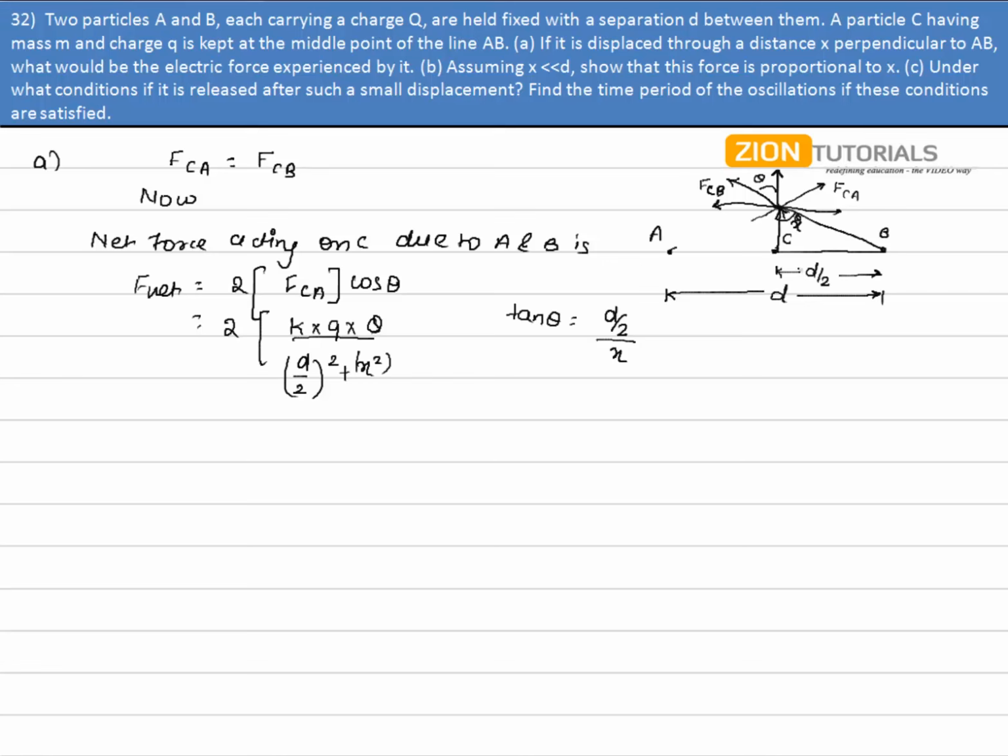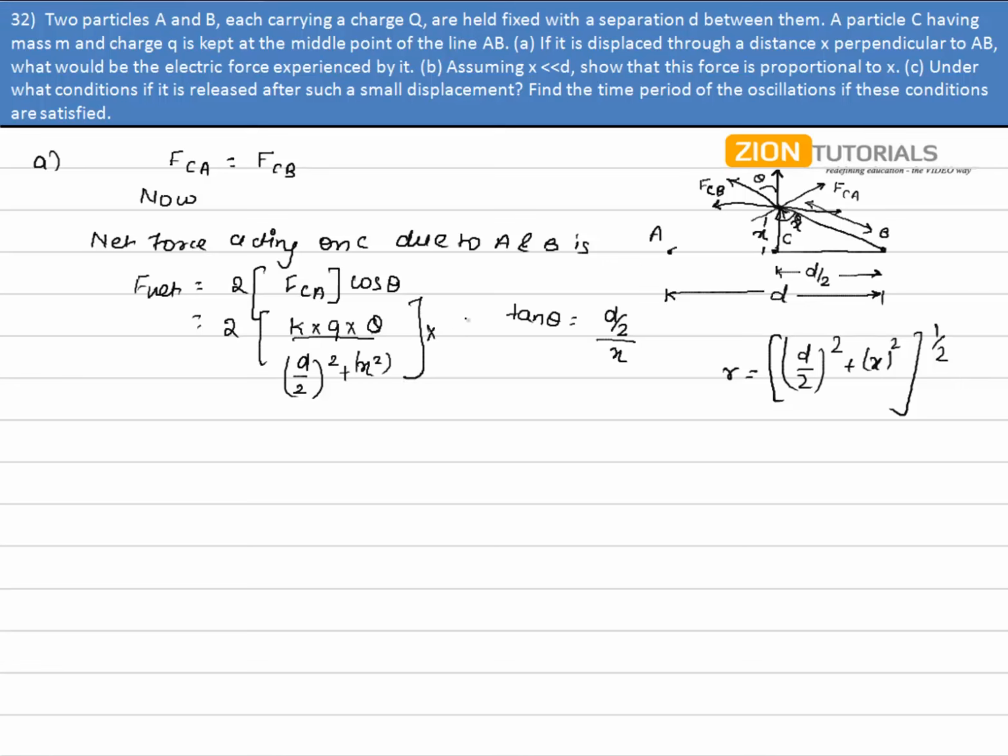Because this distance is D by 2, this is my x, so by Pythagoras theorem I can easily calculate the hypotenuse of the right angle triangle, that is given by D by 2 whole square plus x square to the power 1 by 2. That is my distance r. Now as in the denominator there is r square, so the 1 by 2 into 2 will give me 1, and so the denominator is D by 2 whole square plus x square into cos theta.